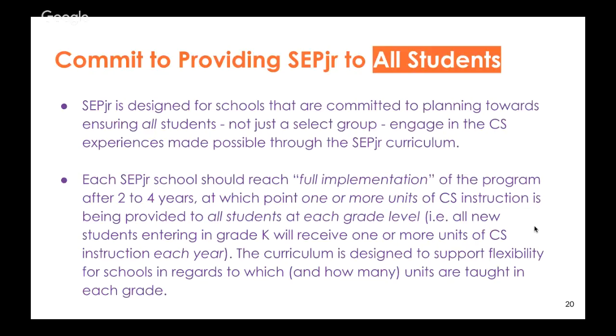So again, it seems somewhat repetitive, but we really want you to understand that SEPjr is designed for schools that are committed to planning towards and ensuring all students, not just a select group, engage in computer science experiences through the SEPjr curriculum. All students should be receiving content from the SEPjr program by year 4.